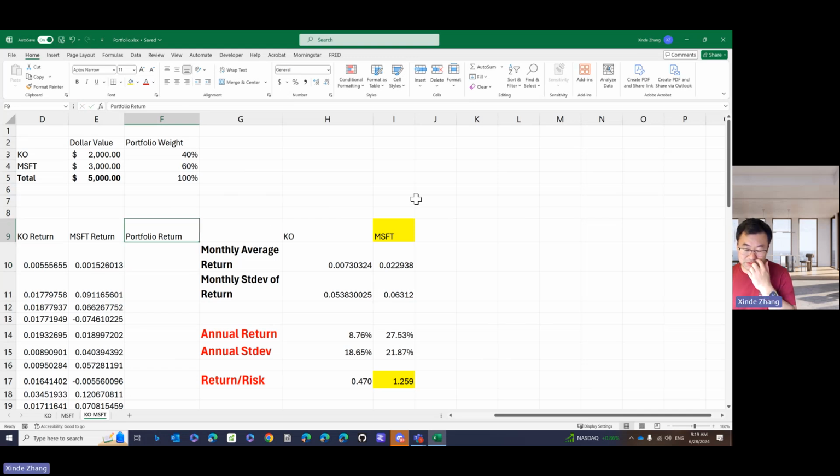For my investments, I care about my investment as a whole, the percentage return that I have obtained. So the formula for the portfolio return is going to be the following.